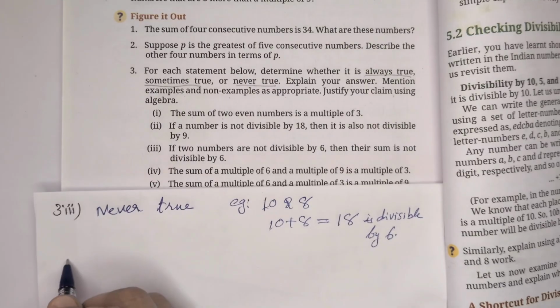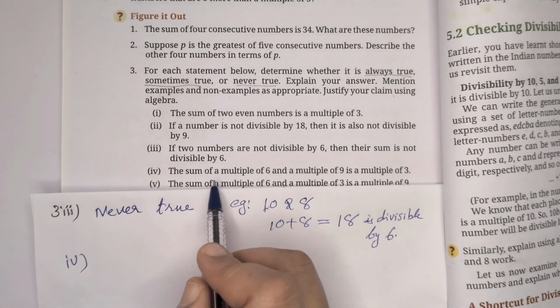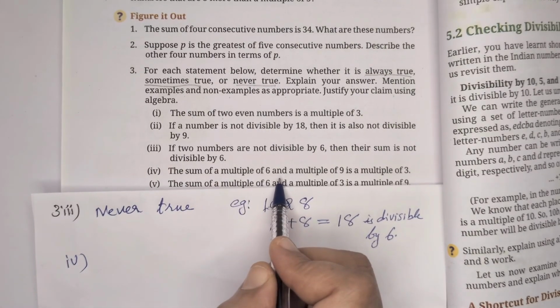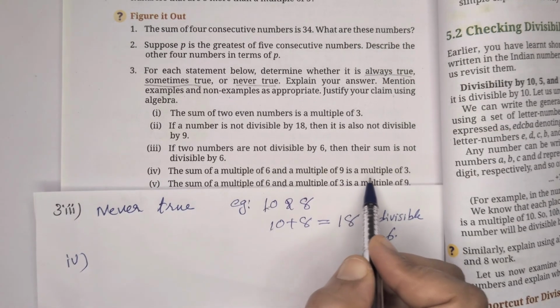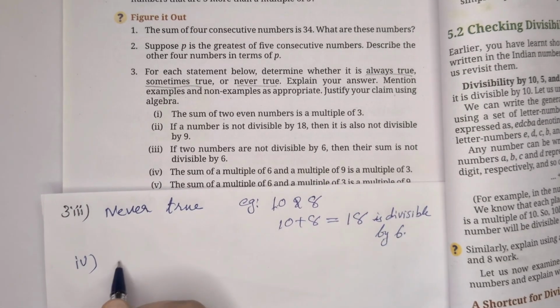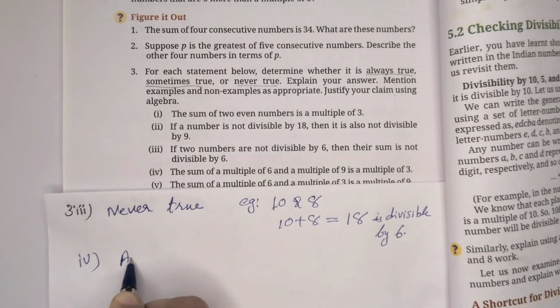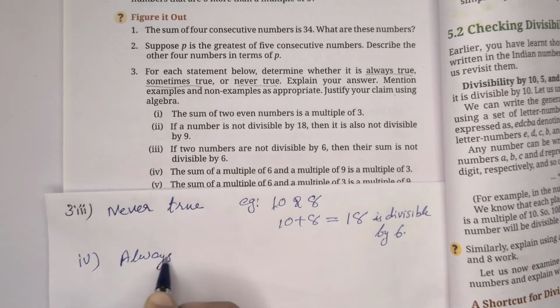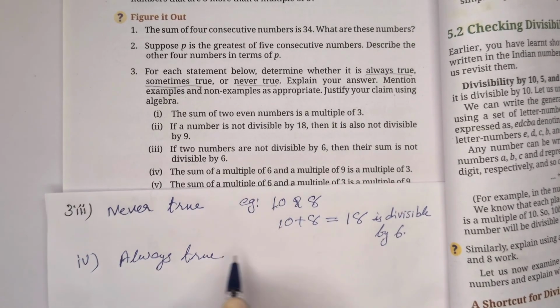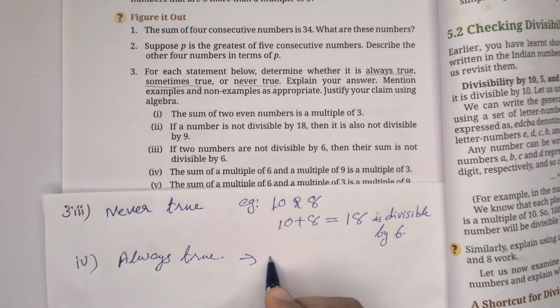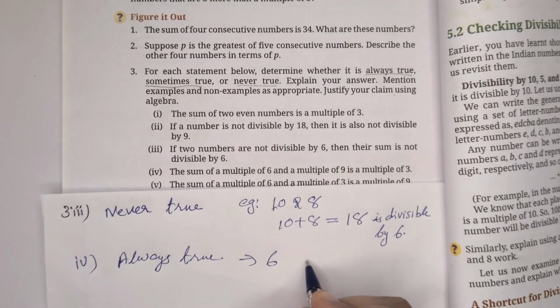Next one, fourth one. The sum of a multiple of 6 and a multiple of 9 is a multiple of 3. That is always true. Multiple of 6 and multiple of 9.